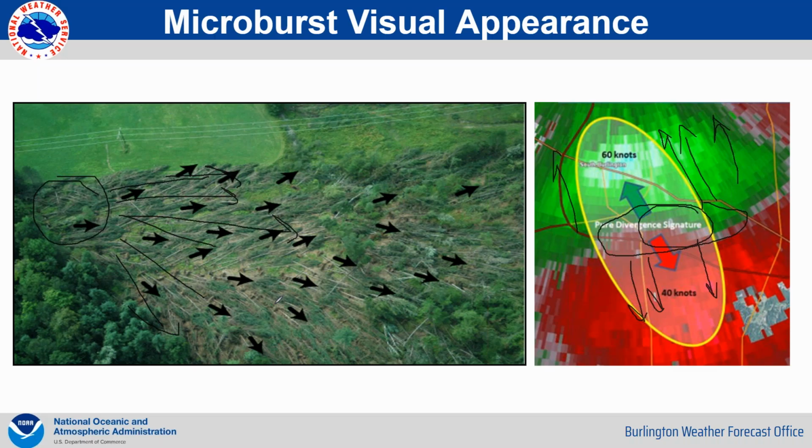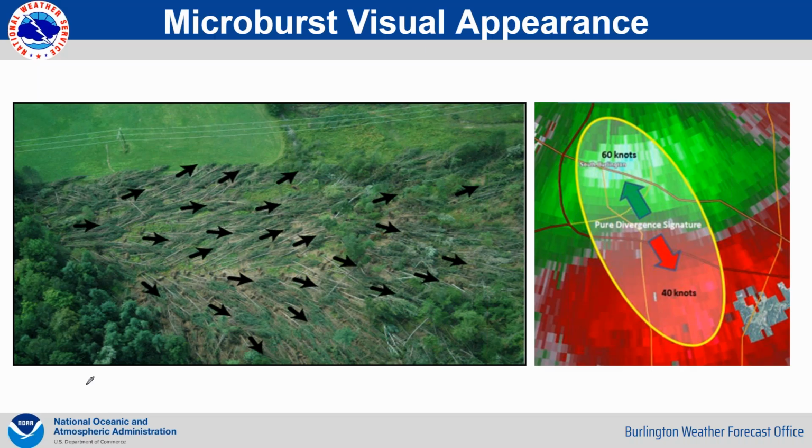And so your trees will fan out from the thunderstorm. This is opposite to what a tornado kind of does. A tornado will instead feature damage that looks a little more like things are bent into wherever the tornado track does. So instead of converging, the microbursts diverge in terms of their path of damage.